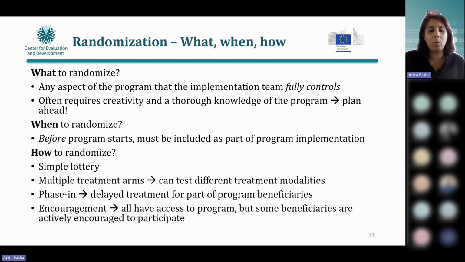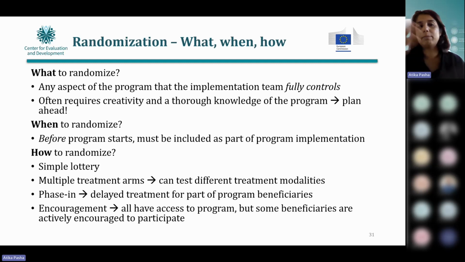or you should have a program section that is completely controlled by you. So who gets the training when, who gets an incentive when, who gets subsidies when, and these aspects are all under your control, and therefore you can not only rely on individuals, but you could, for example, also randomize firms who receive, let's say, financial backing, or you may also randomize trainers who will receive incentives to do their training versus not.